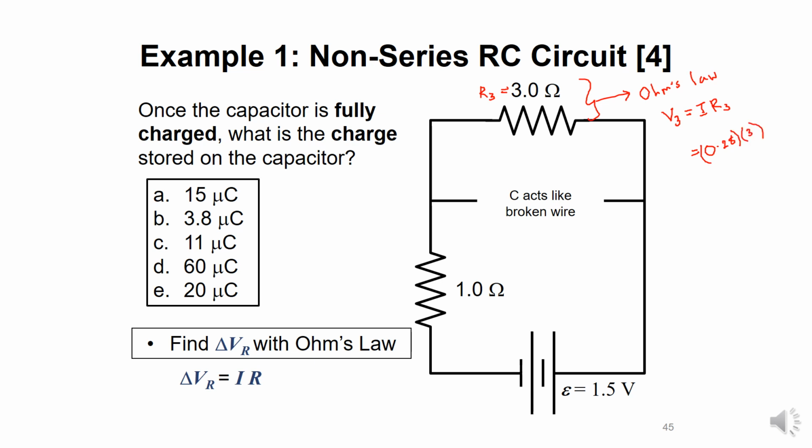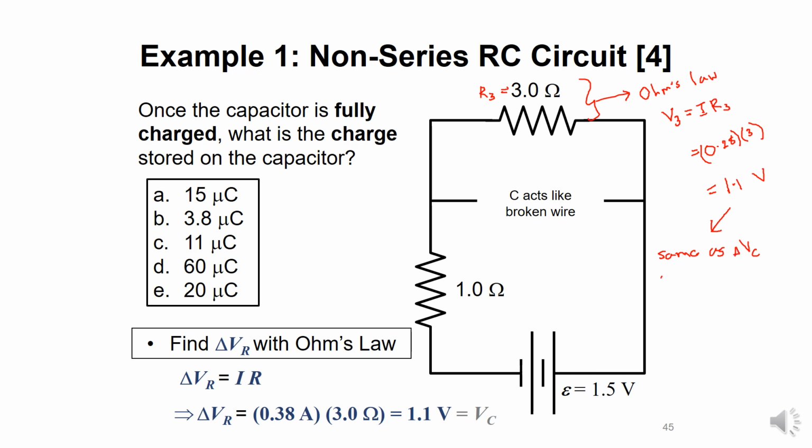Plug in our numbers and we get the answer, 1.1 volts. We are not done yet. We found the resistor voltage, and this should be the same as the capacitor voltage because the R3 and the capacitor are in parallel. Let's write this on the slide.